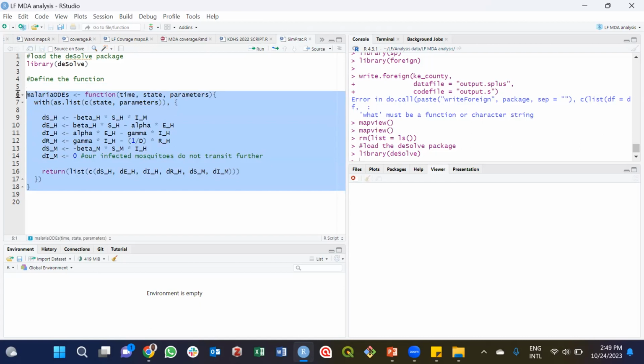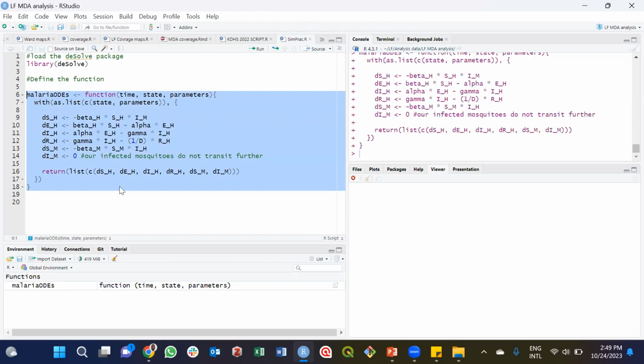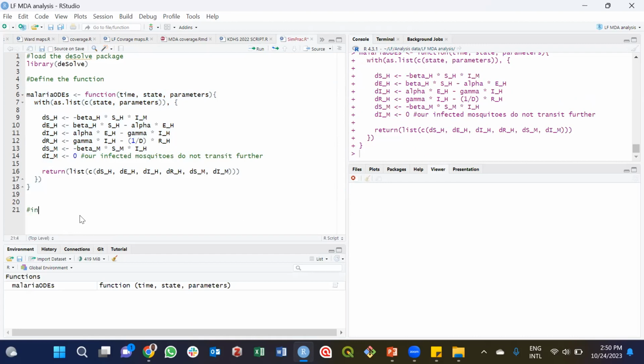So we will run this and see if it works. Okay. So the next thing we are going to do, we have to set the initial conditions. Initial conditions means where we want all of this to start.